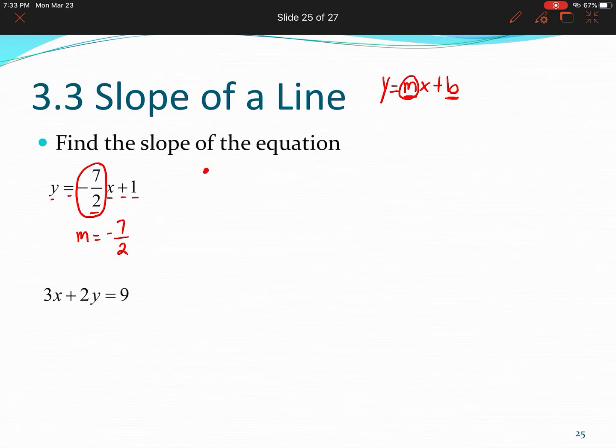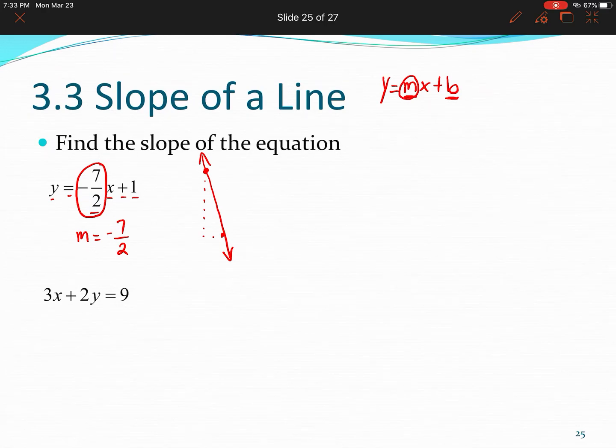What this slope tells us is that if we have a point on this line, for every 7 units that we go down, we're going to go right 2 units, and we should have another point on this line. And so we get an idea about what our steepness looks like. Kind of looks like that. Once we know what the line looks like, it's a matter of where it goes on the coordinate plane to actually graph the line. And again, we'll talk more about that in just a few minutes.